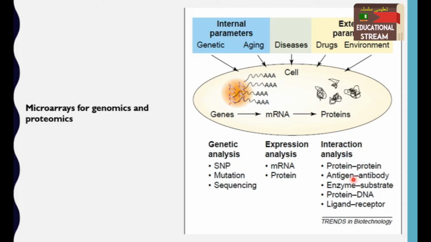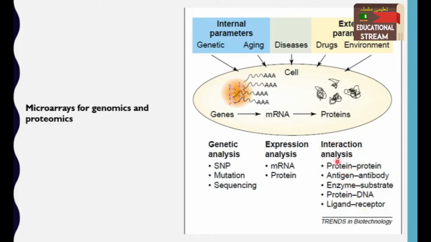For this purpose, high throughput protein analysis methods were developed, which allow a fast, direct and quantitative detection of interactions like protein-protein interaction, antigen-antibody interaction, enzyme-substrate interaction, protein-DNA interaction, and ligand-receptor interactions.